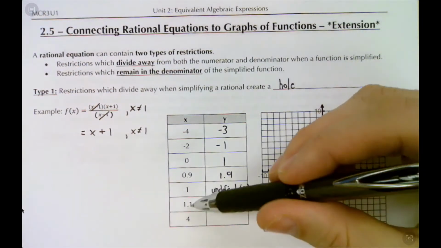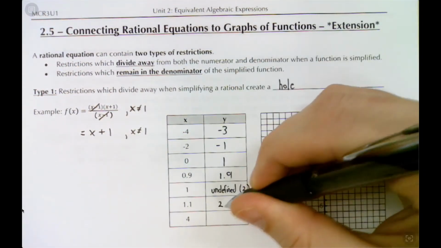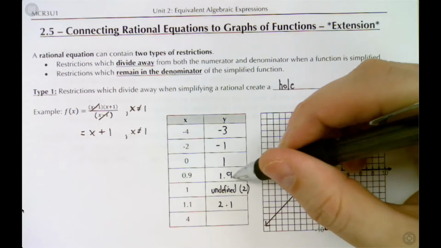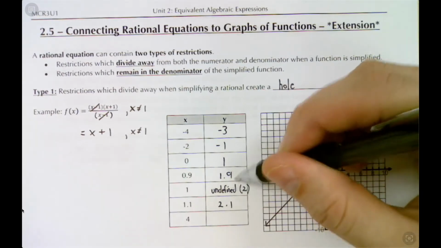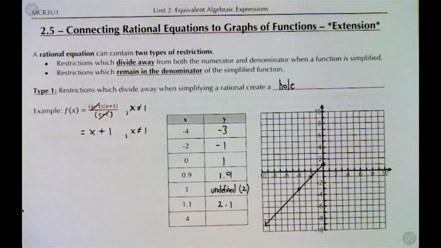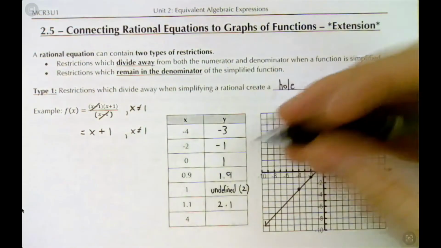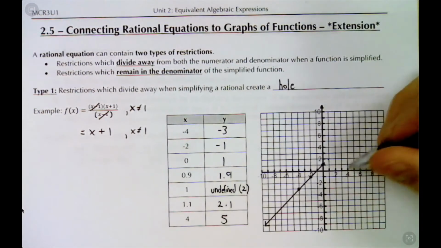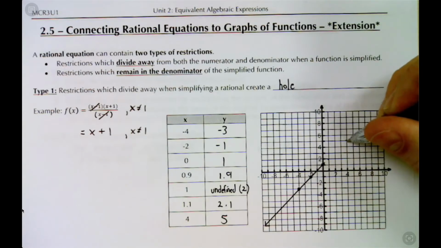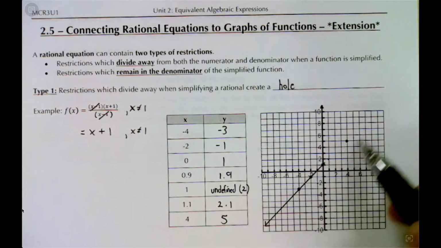If we continue, 1.1 plus 1 is 2.1. And notice now that we're going up by 0.1s, the y's are also going up by 0.1s, which makes sense because it's a line. If we plug in 4, 4 plus 1 is 5. All these points fit the line.